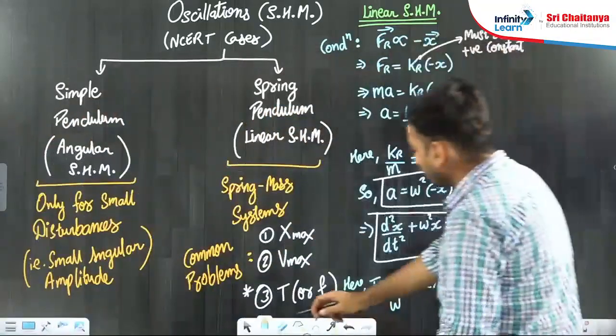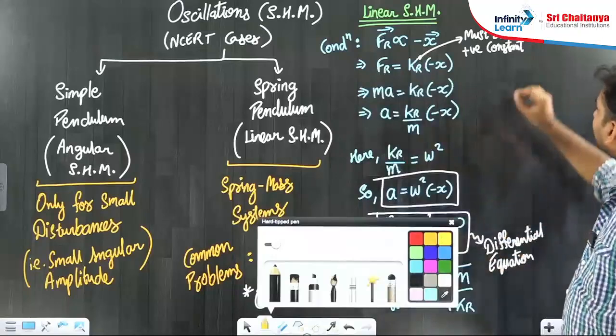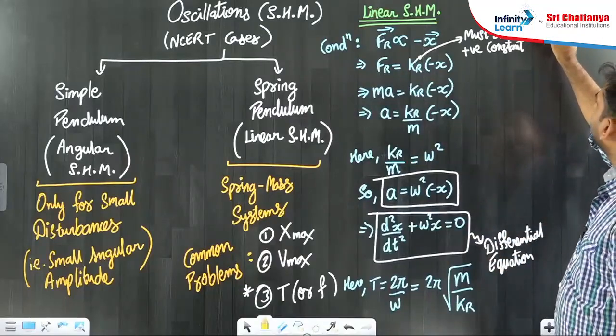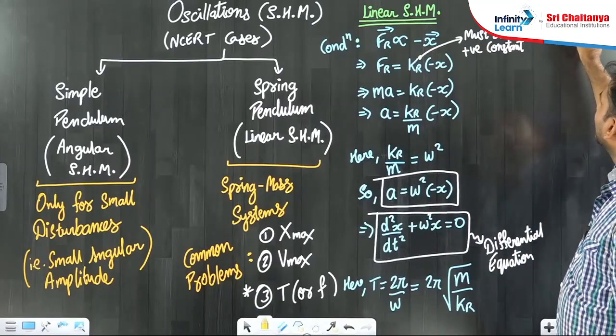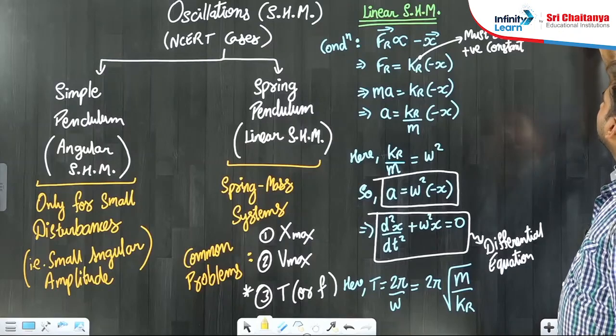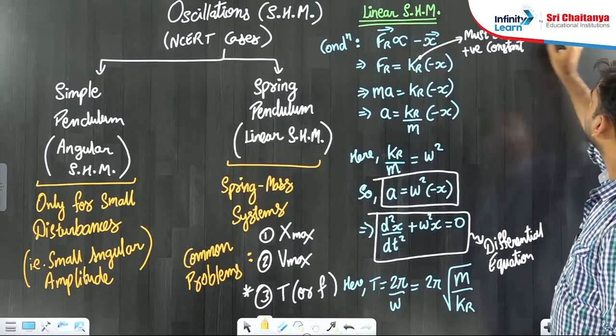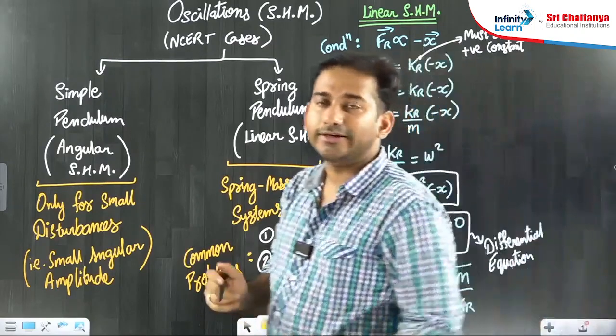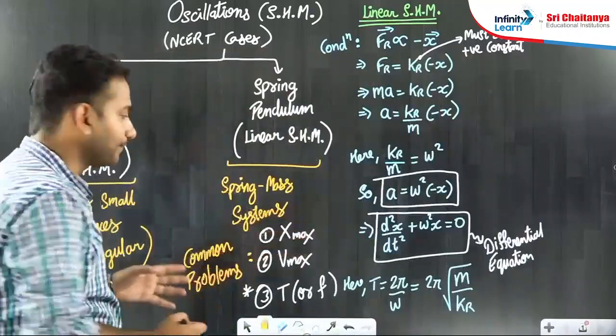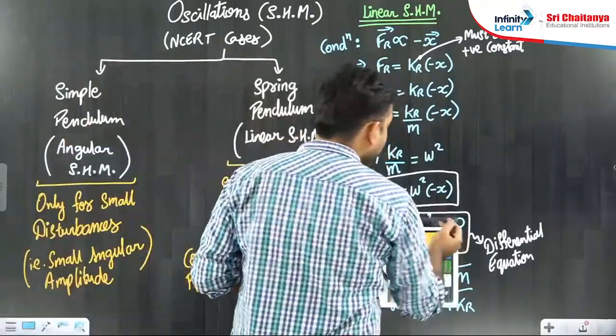All right, talking about the next one, I am here comparing it with angular SHM, so all the analogous physical quantities will be represented here. How? Now you can tell me this.